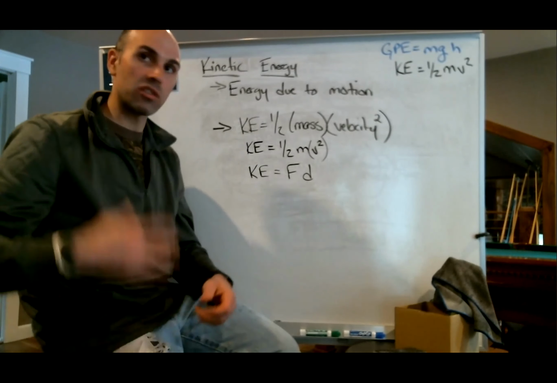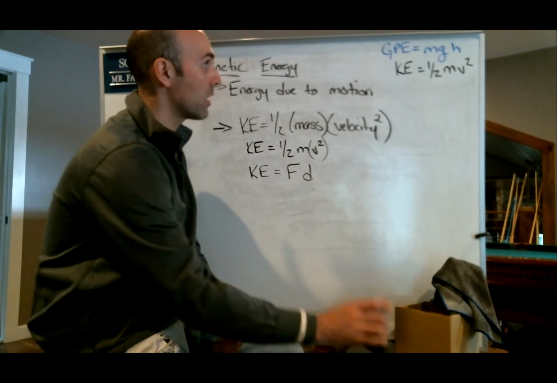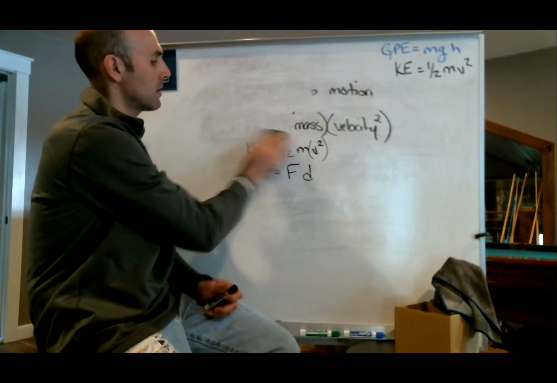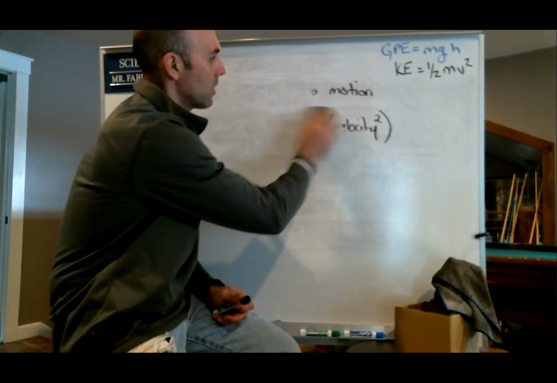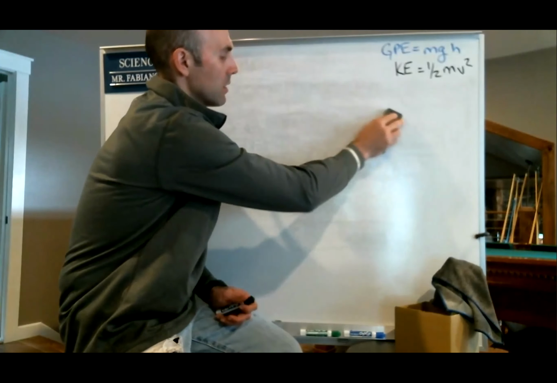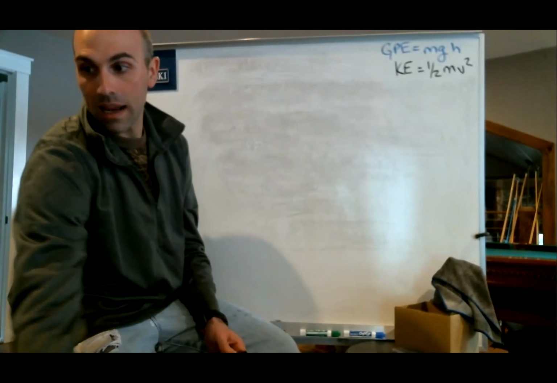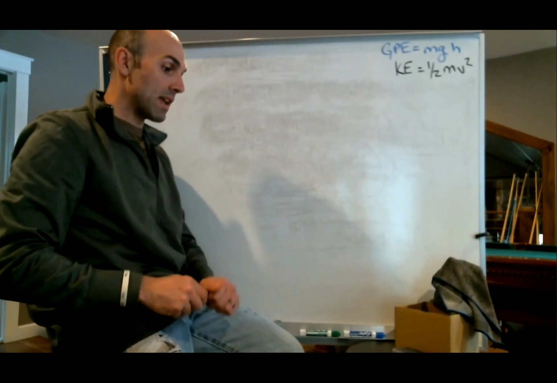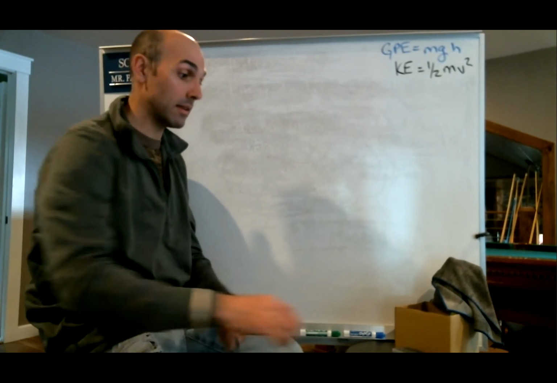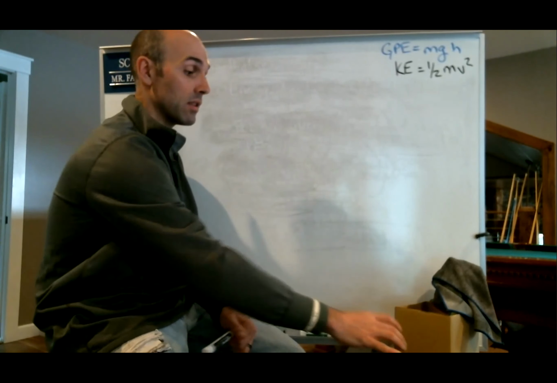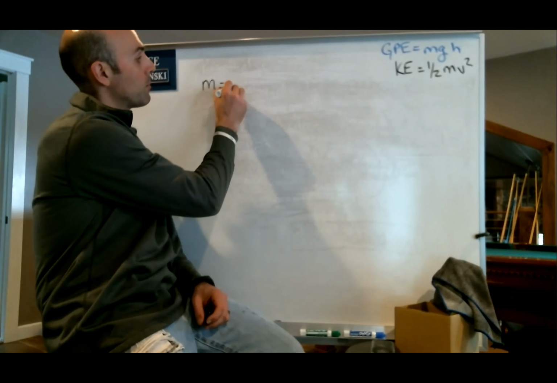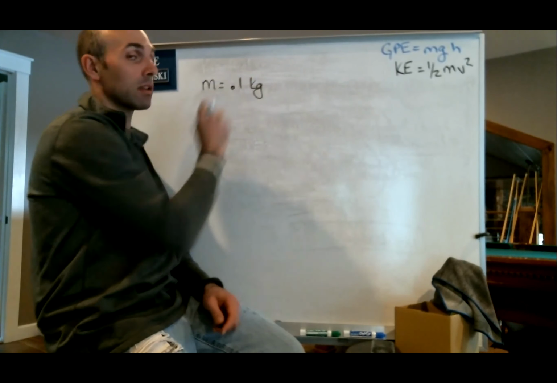And what I would like to do is just talk about a couple things before I have you guys go and do some problems on this. Okay? So let's take a look at a quick practice problem. Let's say we have an eraser, and the eraser has a mass of 0.1 kilogram.